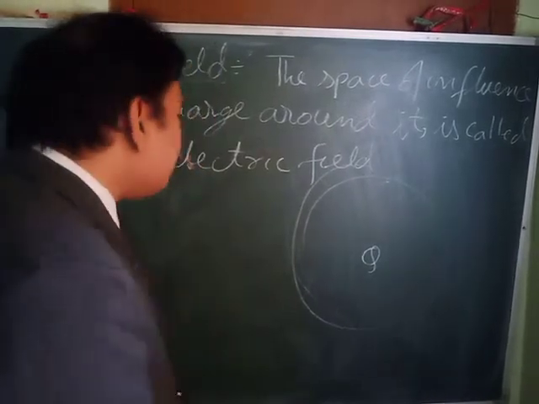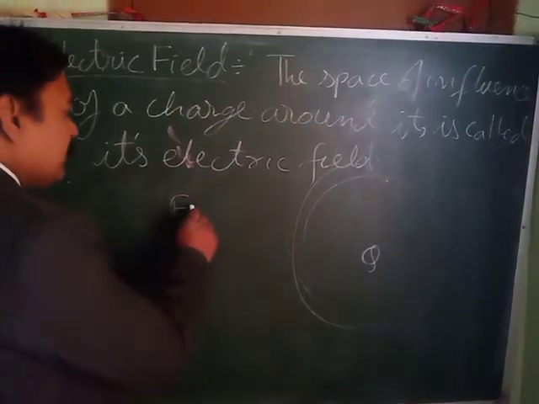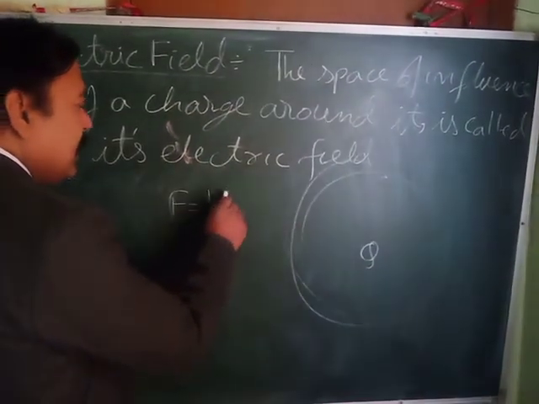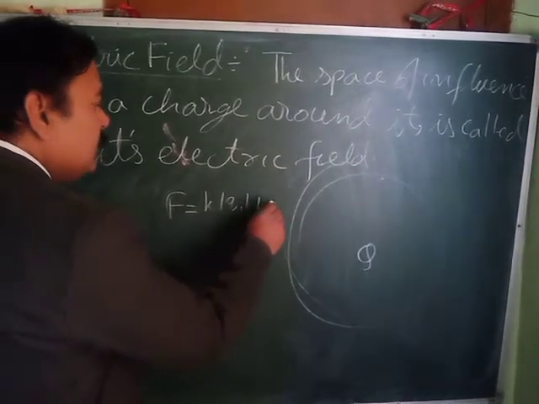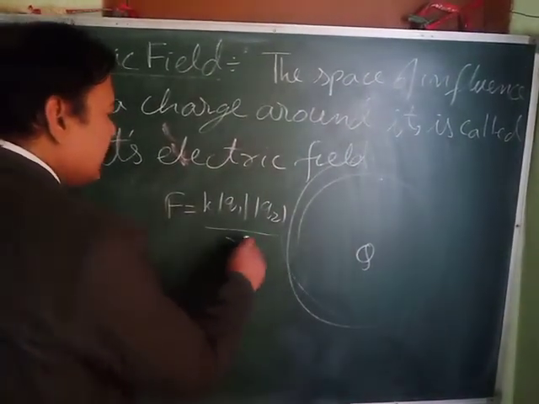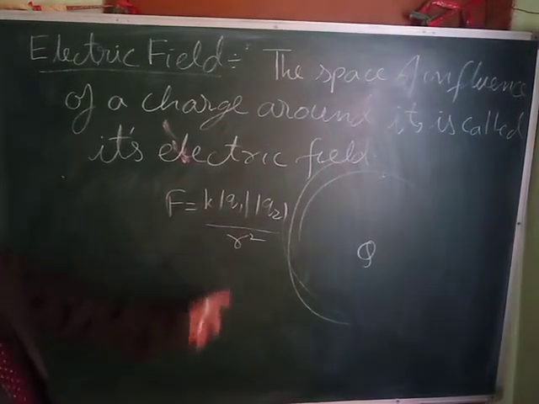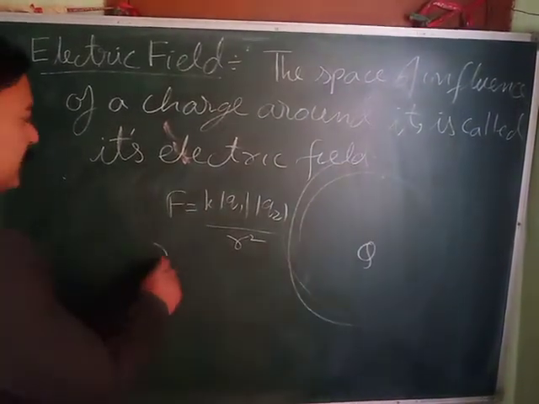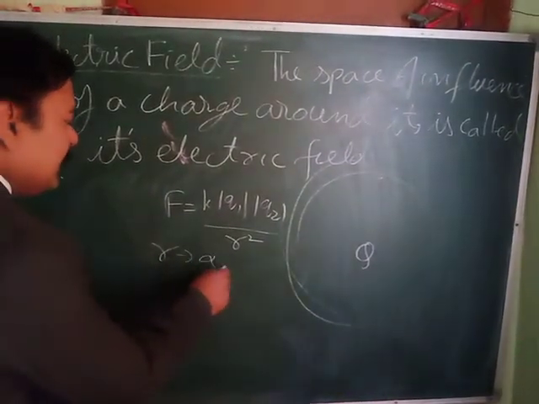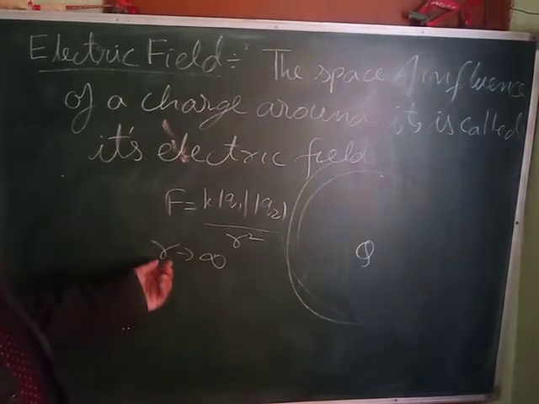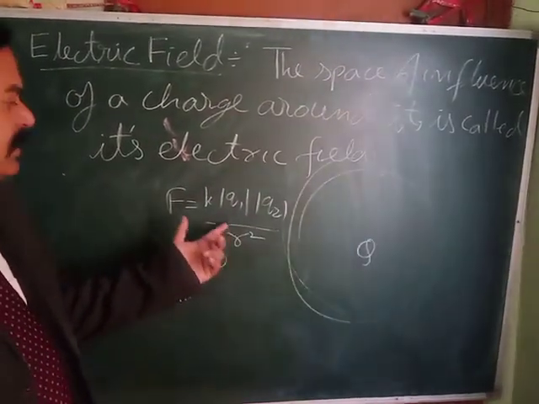Now let me tell you, we know that according to Coulomb's law, the force is K Q1 Q2 upon R square. Now see, the force is going to become 0 obviously when R tends to infinity. So only when the distance is infinite does the force become 0.